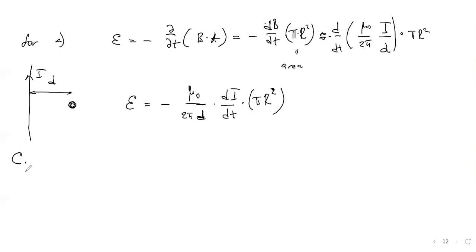This would be example C. Let's say you have a square loop, which you reshape to a circular loop inside a magnetic field. You just change the shape, meaning that you're going to change the area.